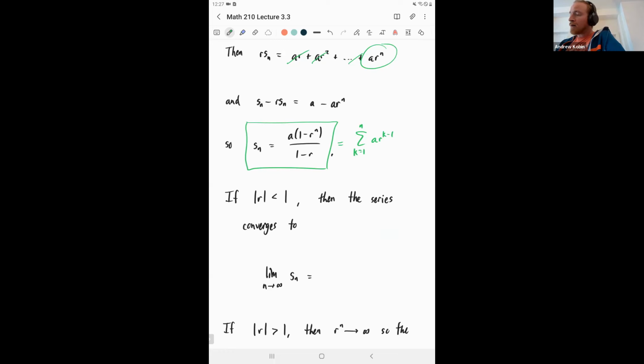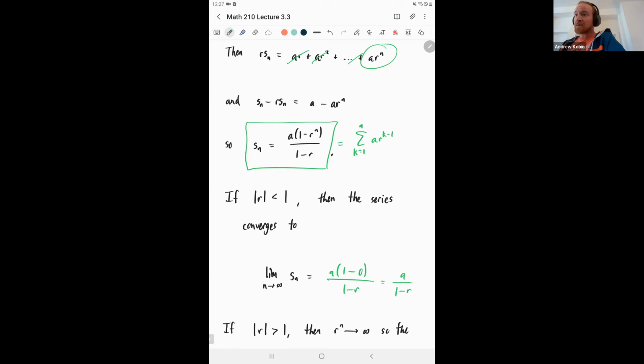But if r stays between -1 and 1, not including those endpoints, you can think of it as a fraction. And then r raised to the n will converge to 0, in which case our limit will look like A times 1 minus 0, that r to the n term going to 0, over 1 minus r. If I simplify, I'll get A over 1 minus r.